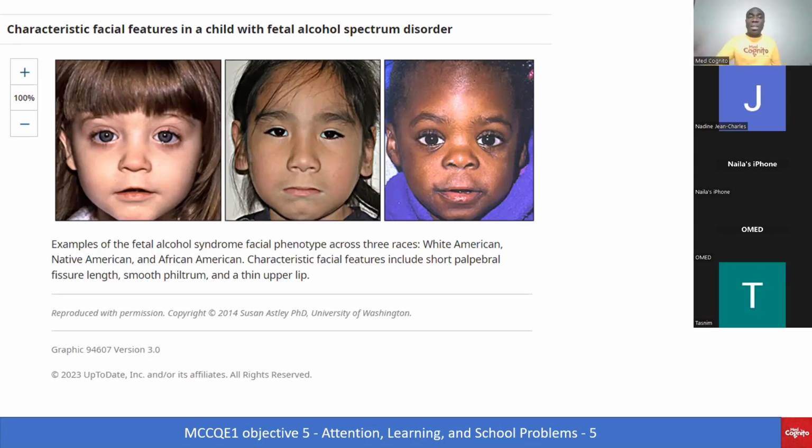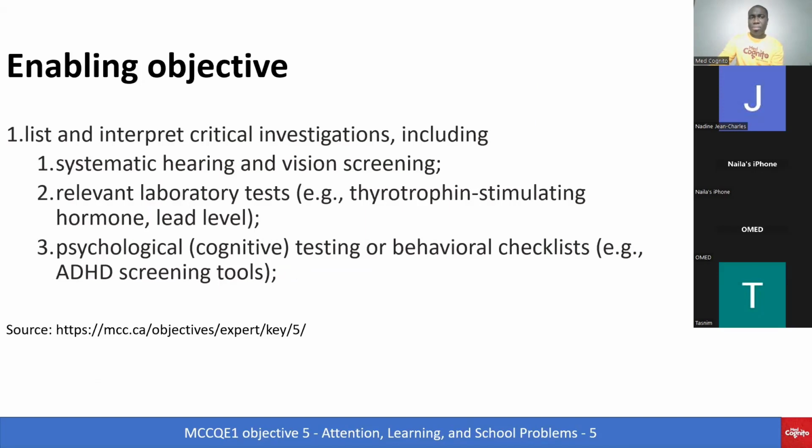So examples of fetal alcohol syndrome face phenotypes across 3 races: white American, Native American, African American. And they also look out for that flat philtrum, look for the palpebral fissure, look at the low nasal bridge as well.